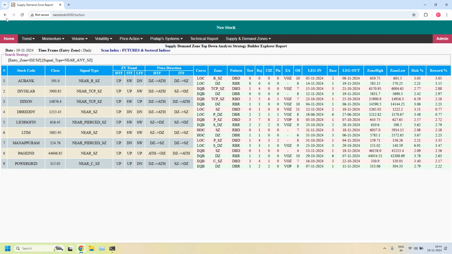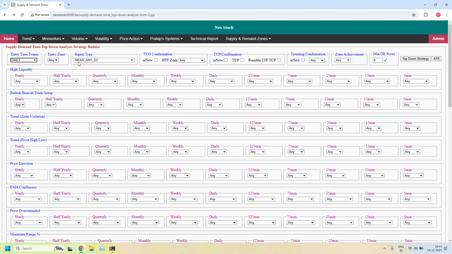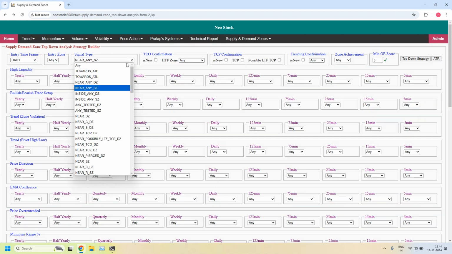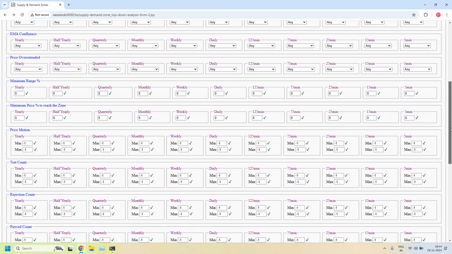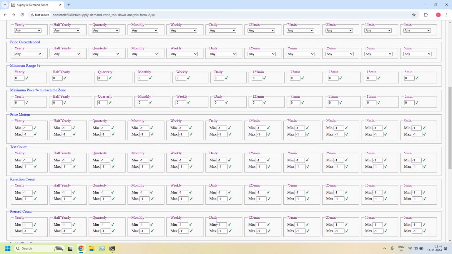Okay. Next, for daily time frame, price closed inside the daily demand zone. These daily demand zones should not be pierced. So in the pierced count at daily time frame, minimum value is 0 and maximum value is 0.